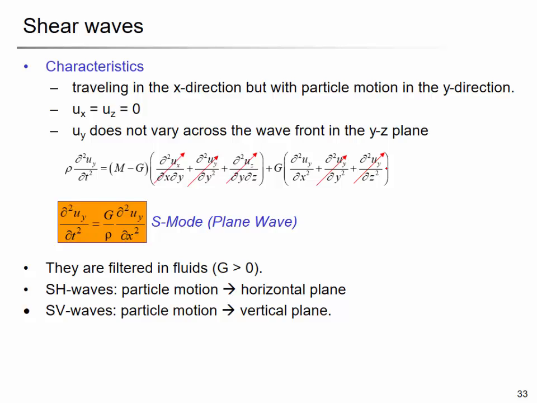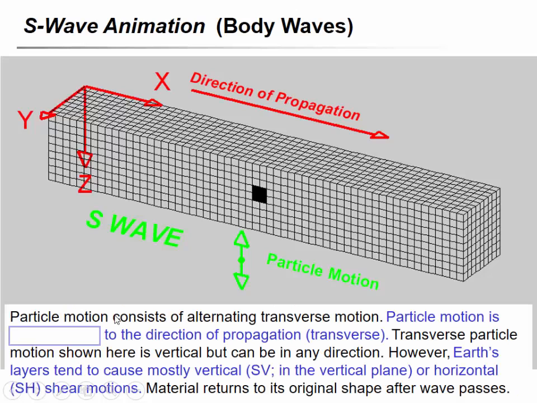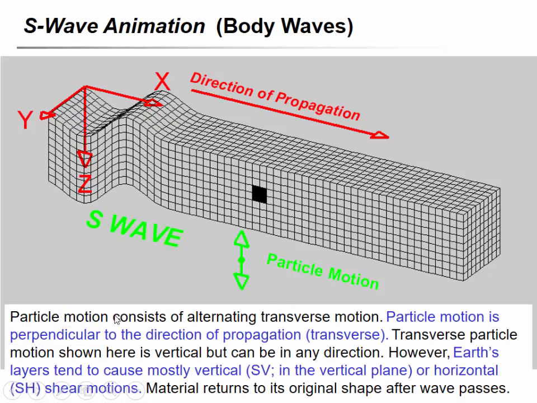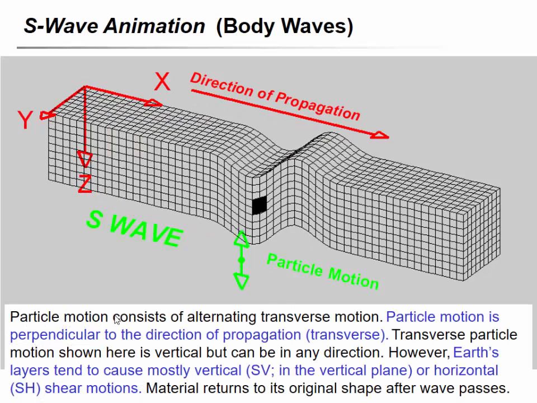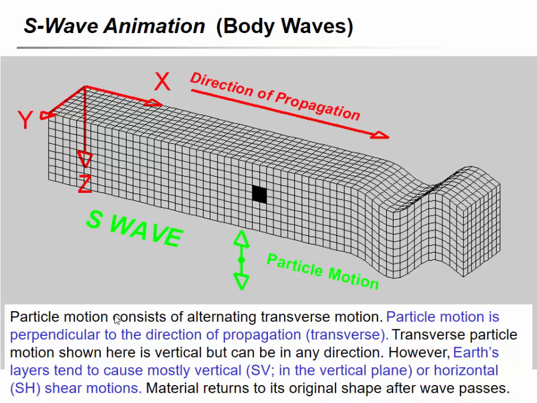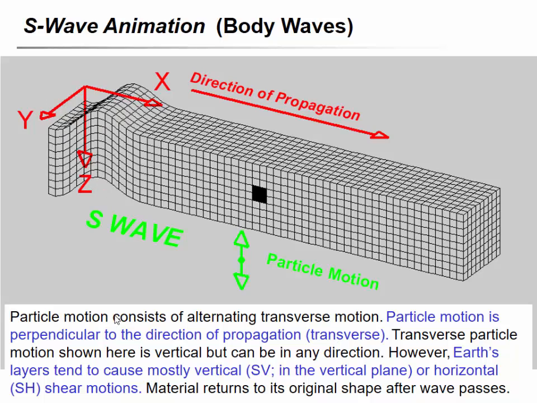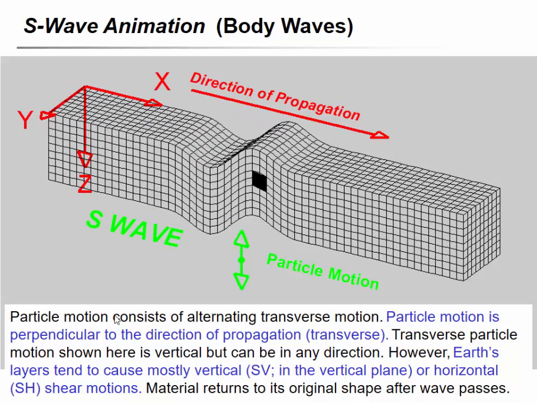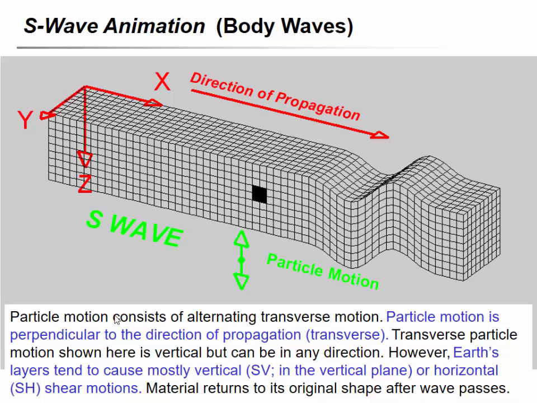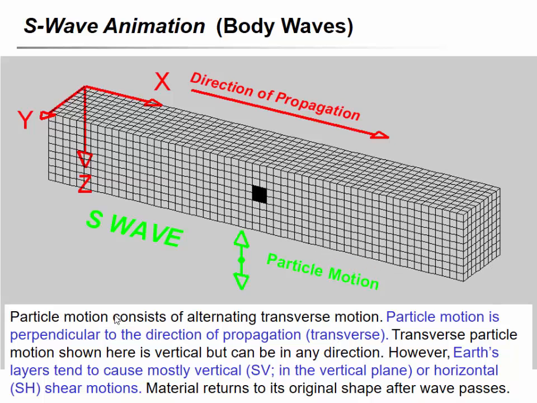So you have an SH wave and an SV wave. In the vertical plane, you can see the wave goes in the X direction, and the particle moves in the Z direction. So is it SH or SV? SV, right?